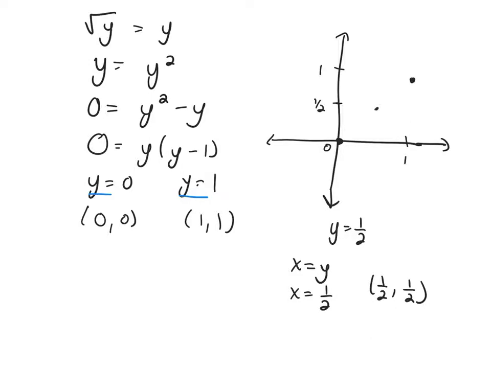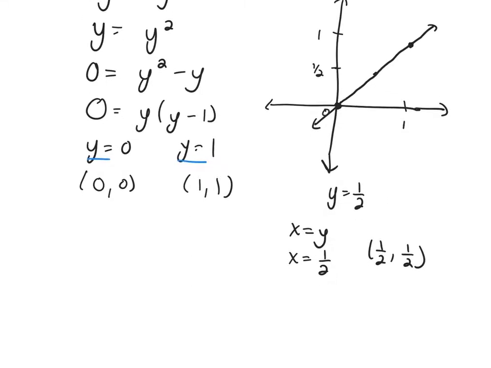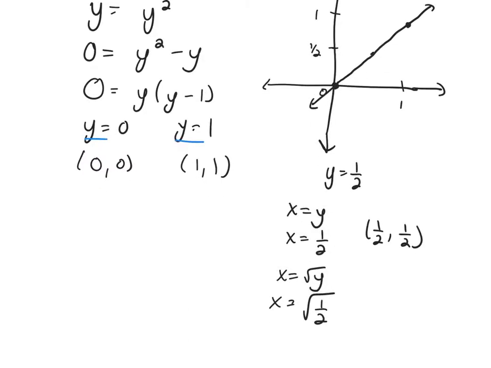Okay. And this line is just a straight line. So I can sketch that. And now let's plug into x equals square root of y. So x would be 1 over the square root of 2.